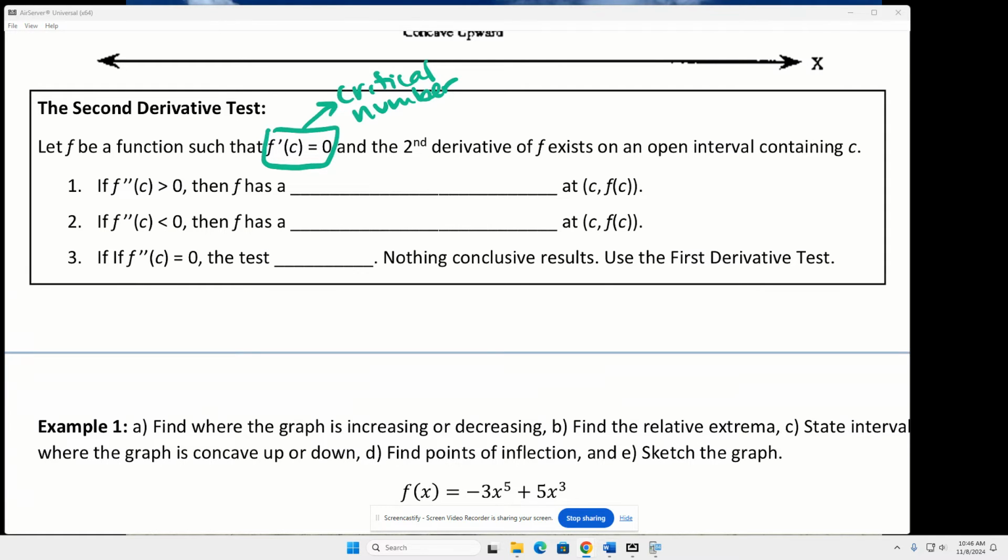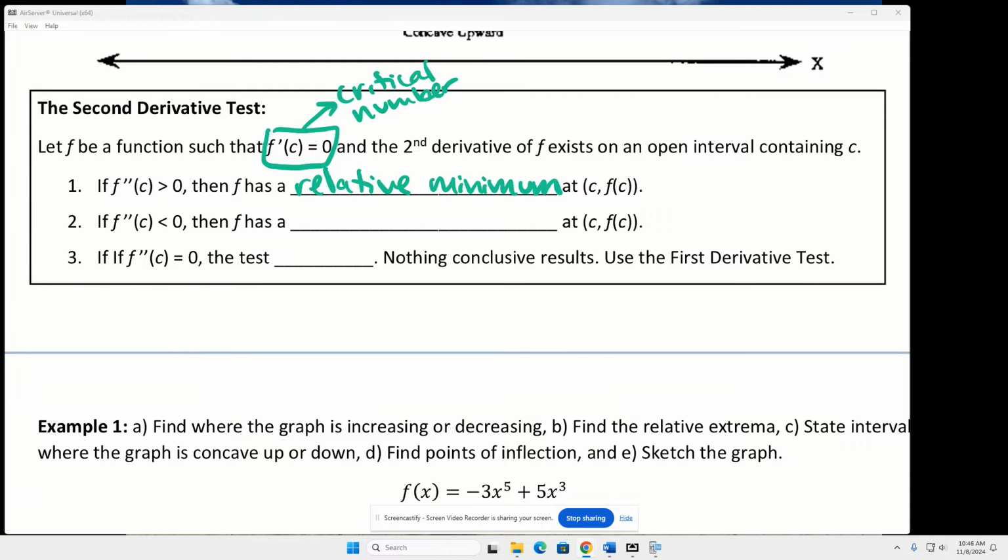Min. c has a relative minimum at that point. So c is a critical number, that's important, and the second derivative at c is positive. We have a relative min.